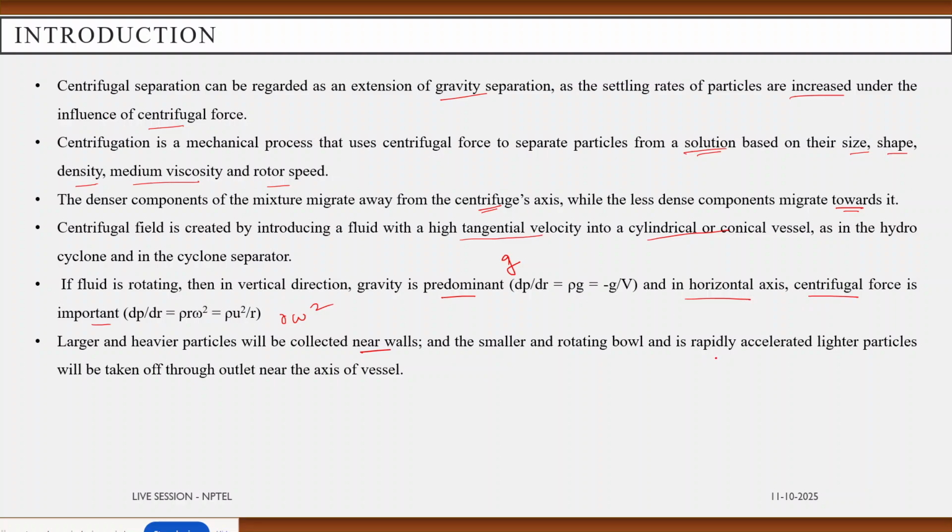You can see that there is rapid acceleration of the lighter particles, which are taken towards the axis of the vessel.